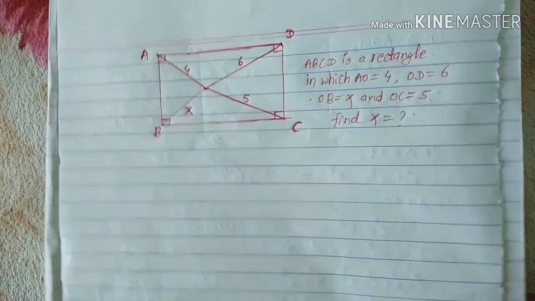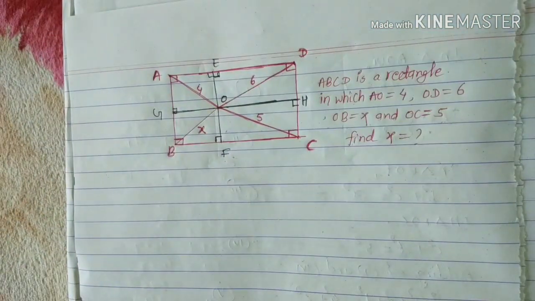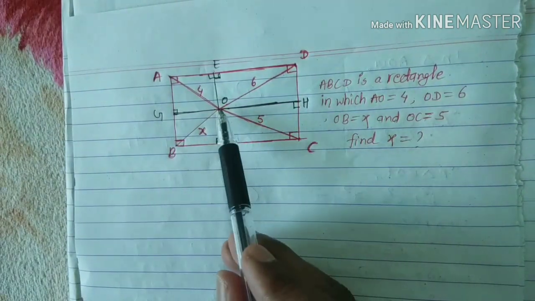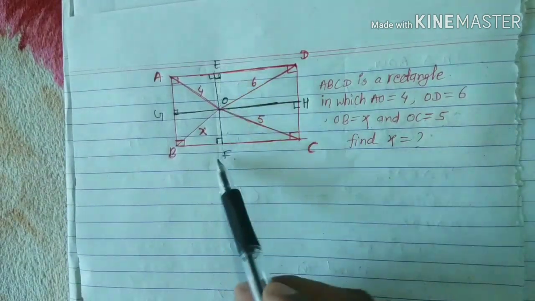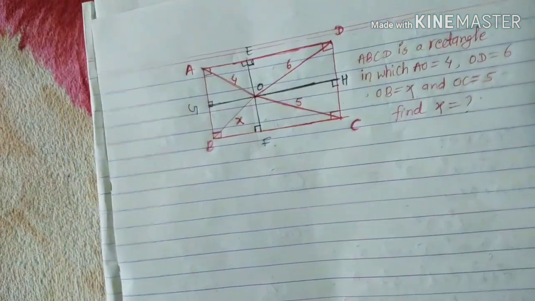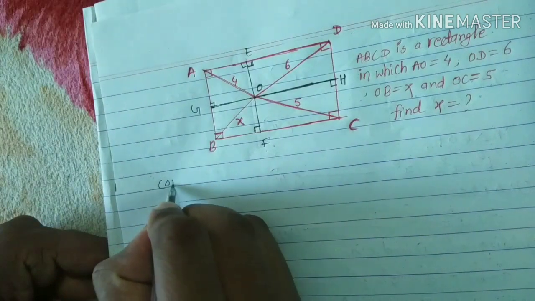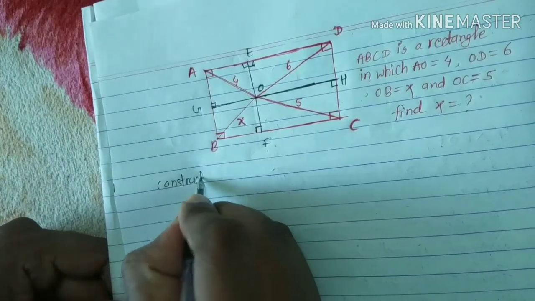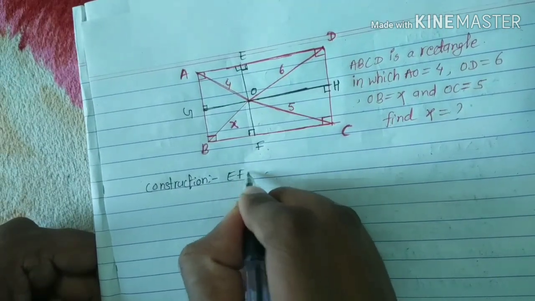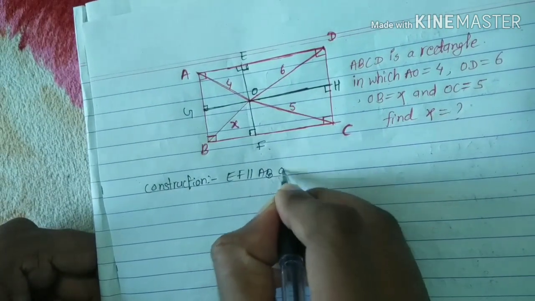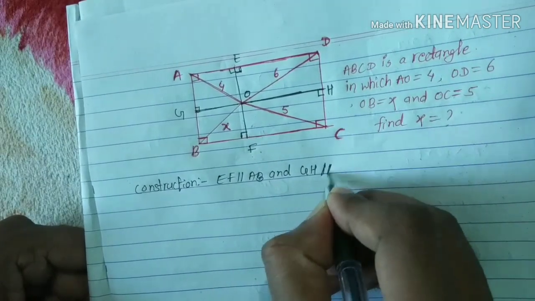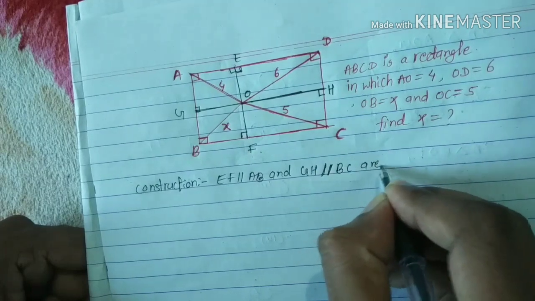So let's construct it. As you can see here, I have constructed two lines, EF and GH, through the point O. EF is parallel to AB and GH is parallel to BC. So we write here, construction: EF parallel to AB and GH parallel to BC are drawn.